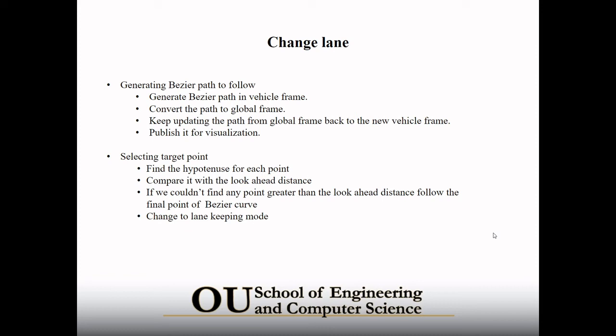We are trying to follow the points that are within the Bezier curve and 2 meters away from the car, and we keep following this until we reach a point where we don't have any point that is greater than this 2 meters. That is the indicator that we finished the Bezier curve and there are no points away from us. So now let's change to lane keeping mode.